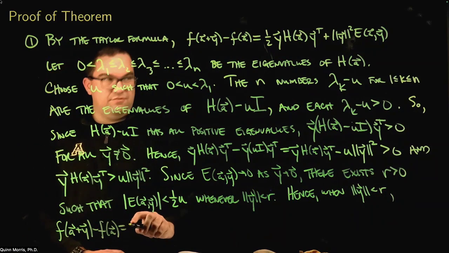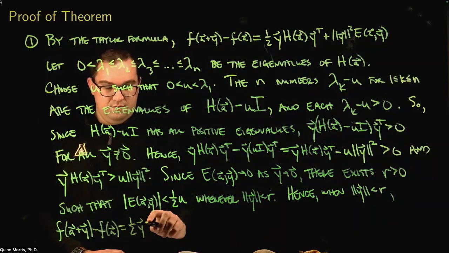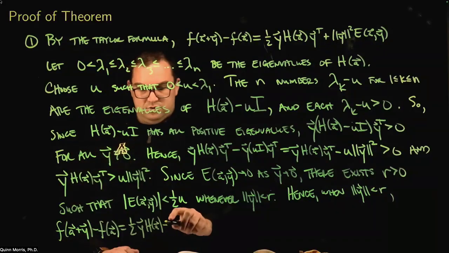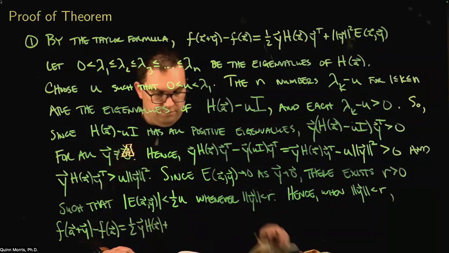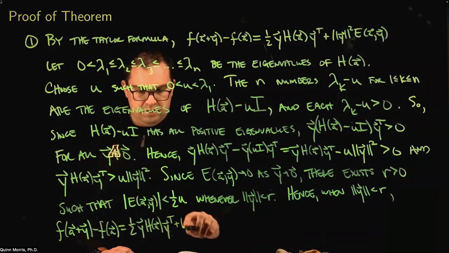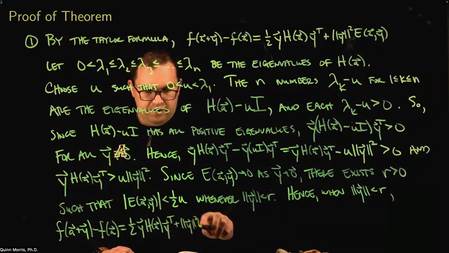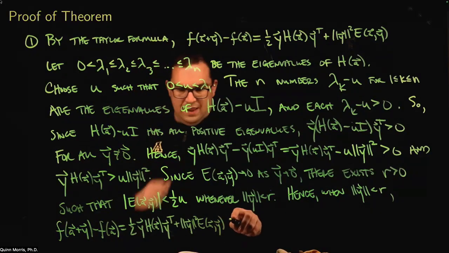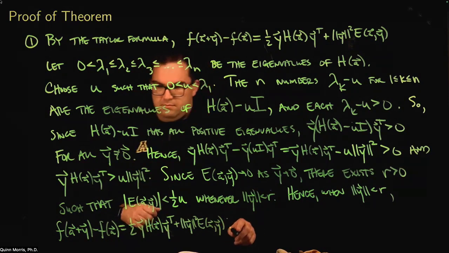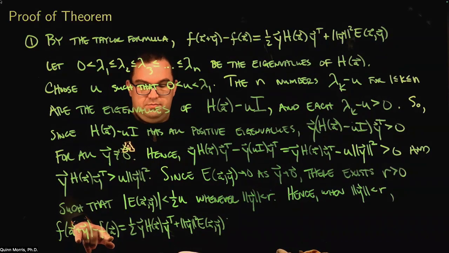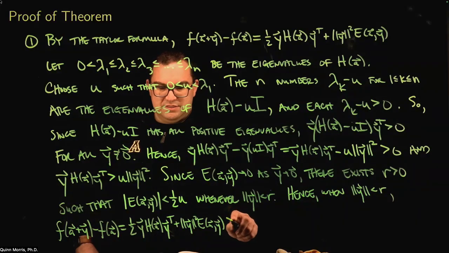That is by definition equal to 1/2 y h of a y transpose plus norm of y squared E of ay. Now, again, what do I want to do? I want to show that this is a local minimum. So this thing should be positive. Let me start making this thing smaller.